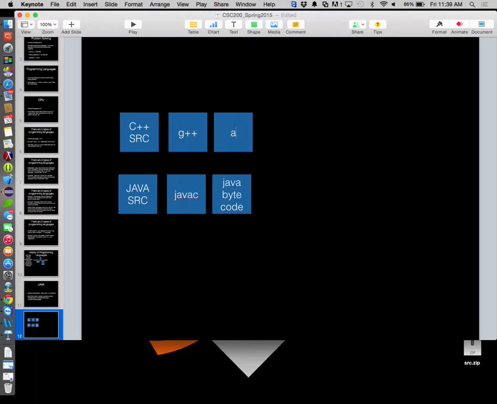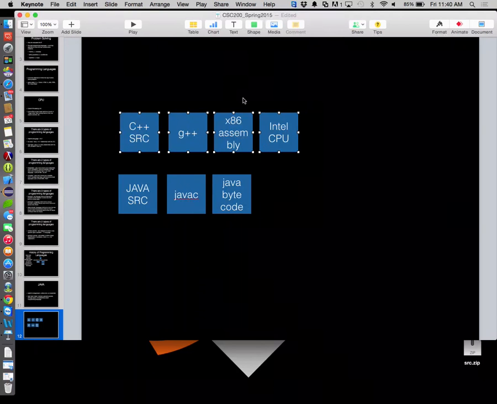Actually, it would produce x86 assembly, which is a low-level language. And that low-level language would run directly on the Intel CPU. Okay? So this is our traditional model that does not support platform independence.